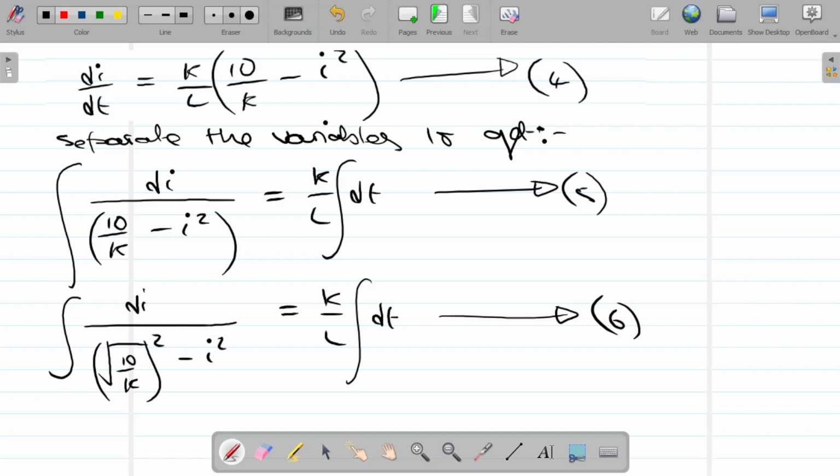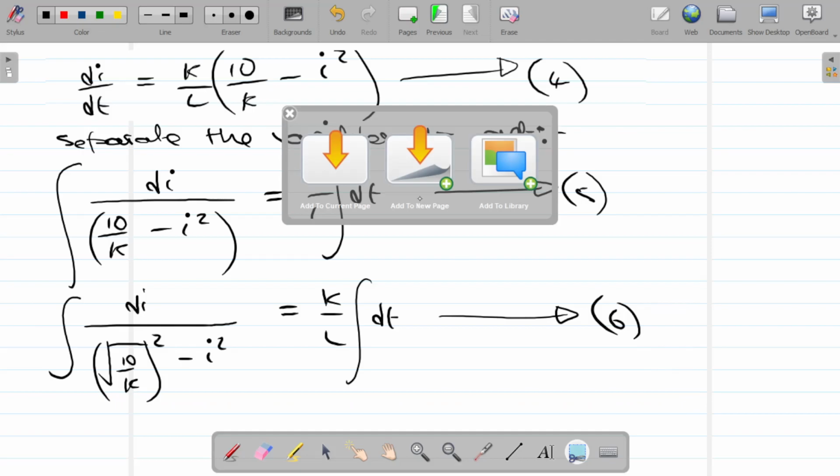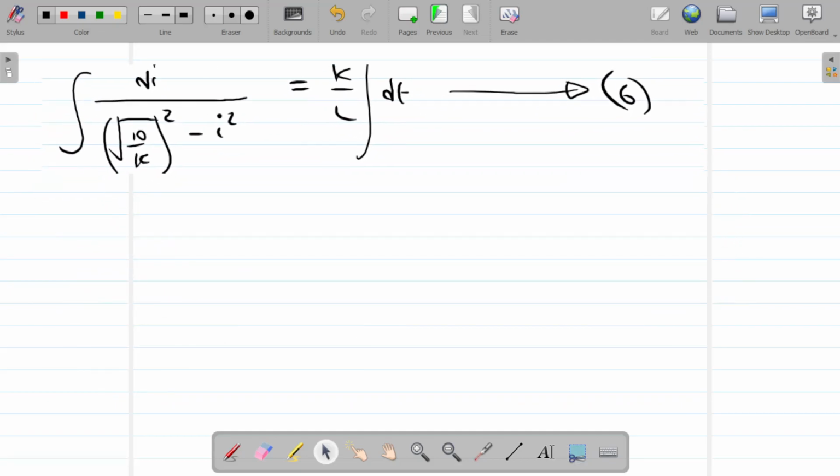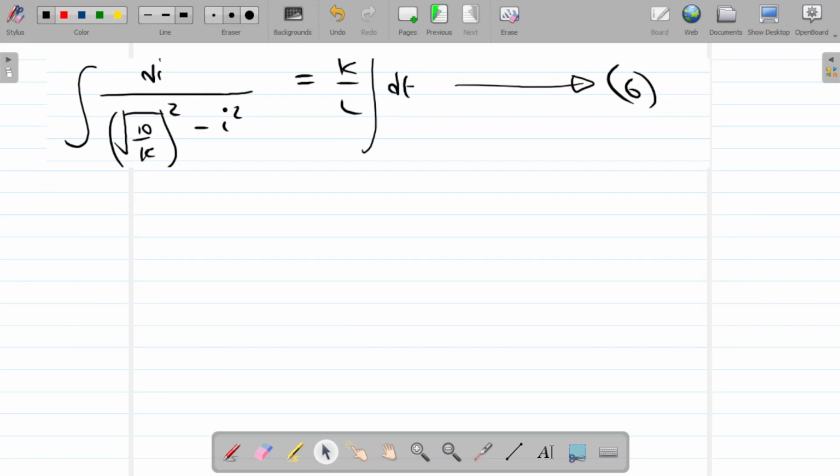So let's cut and paste that and move on to another page. So where's my nib gone? There we are. Okay. Right. So to solve this equation, we use a substitution.